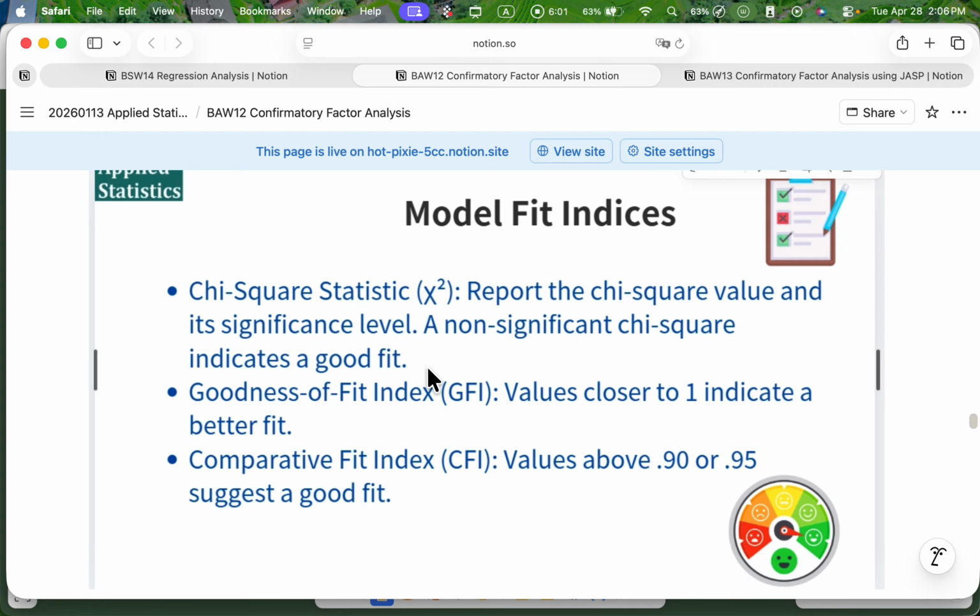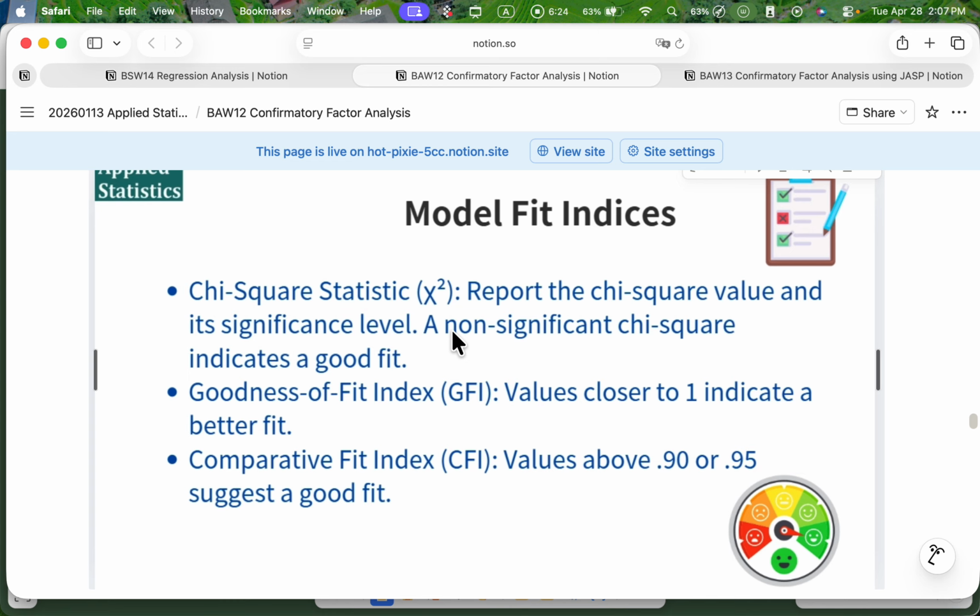Helen, can you understand the first key point now? If it's not significant, it indicates a good fit between the data and your theory. And if chi-square is significant, don't worry.